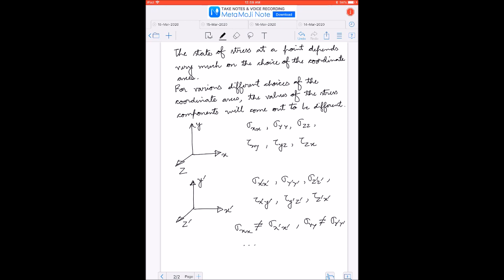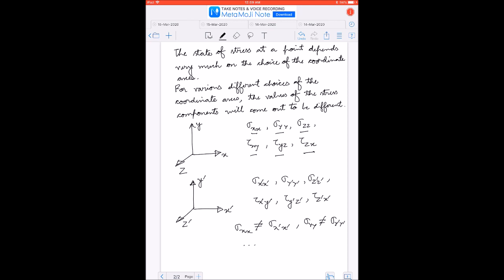So if you actually know the values of sigma xx, sigma yy, sigma zz, tau xy, tau yz, and tau zx, and you know what is the relationship between x dash, y dash, z dash, and x, y, and z. So perhaps this way of depicting the coordinate axis is a little bit misleading.